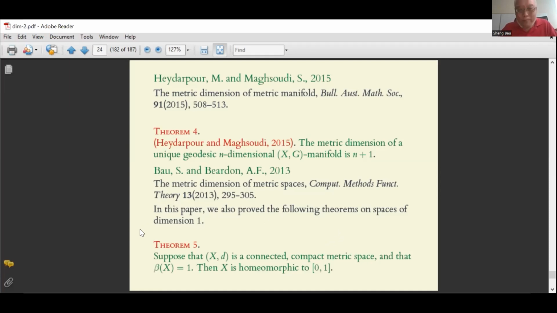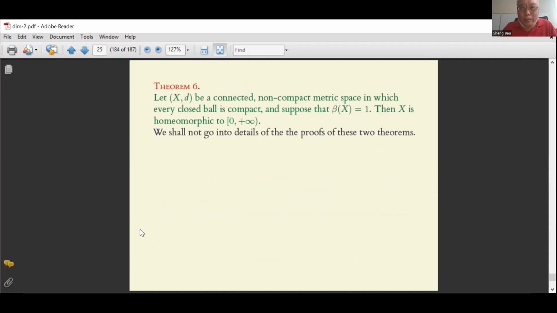But there is a nice thing there. Johnson and I recently proved such a result. Actually, Professor Muhammad Imran and Tomescu also have examples that there are finite graphs whose metric dimension can be arbitrarily large.